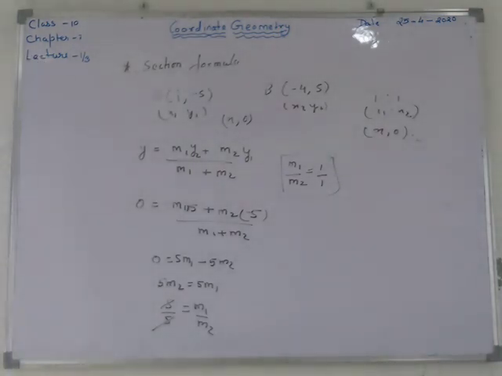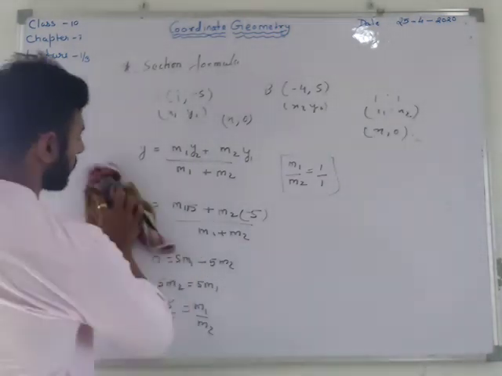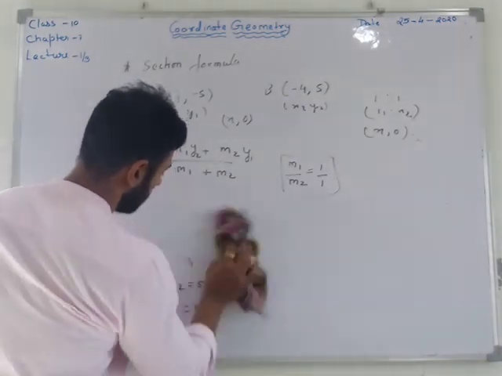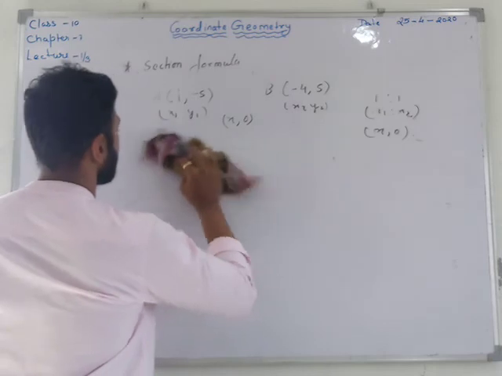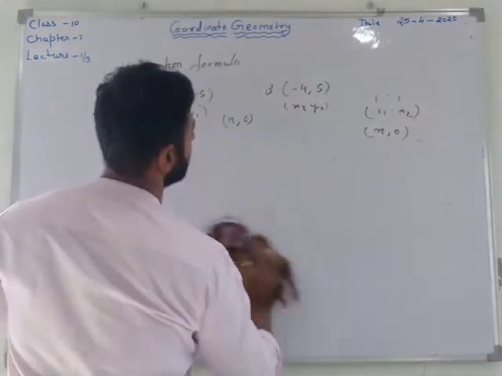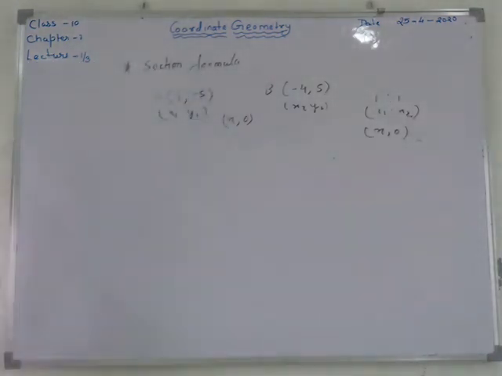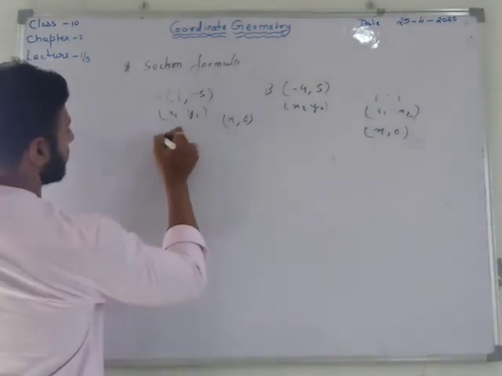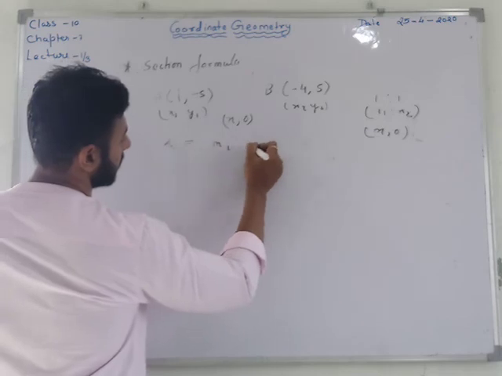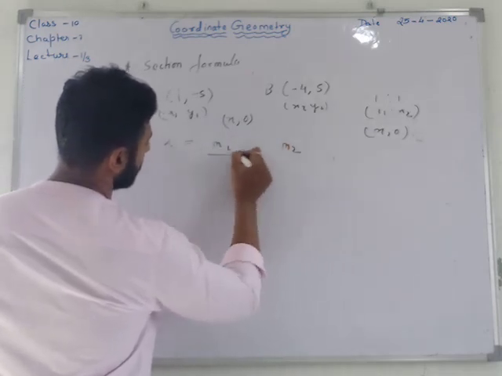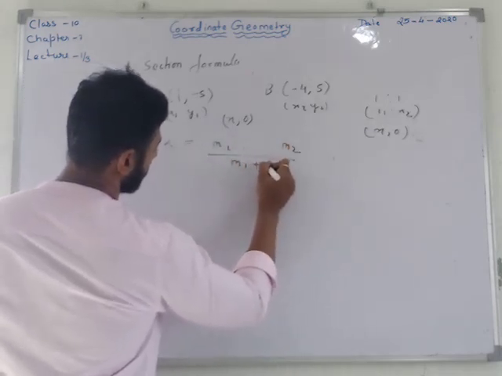Now let us find the value of x. x can be given by m1 x2 plus m2 x1 upon m1 plus m2.